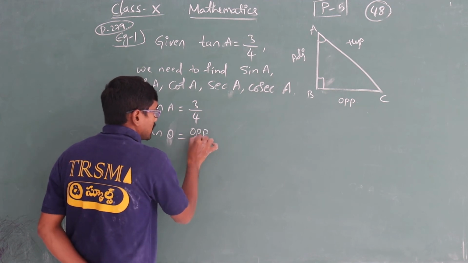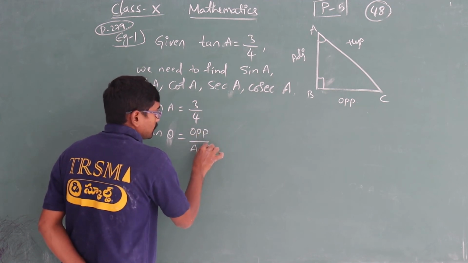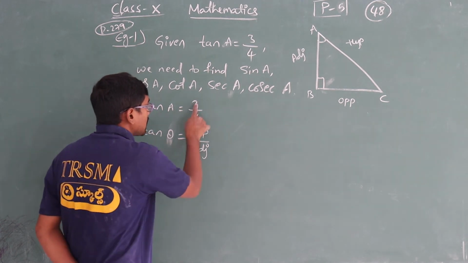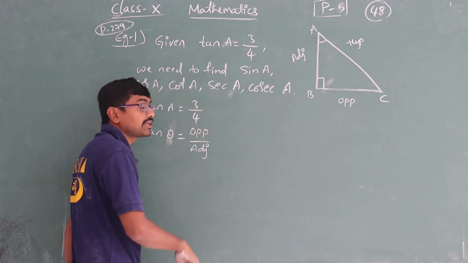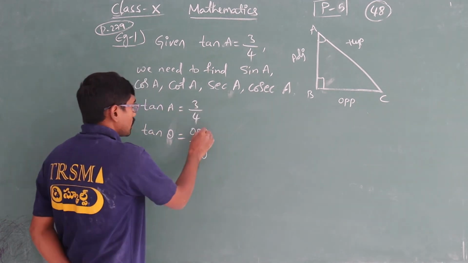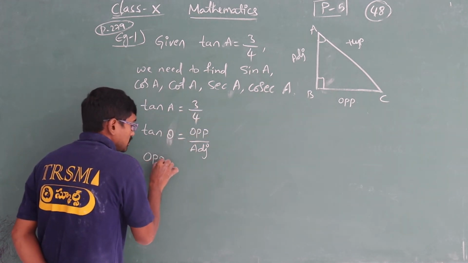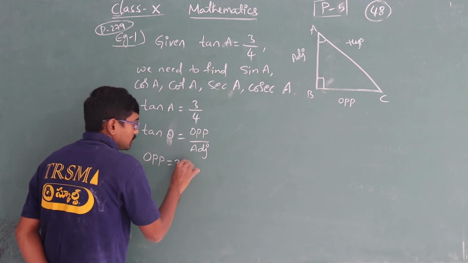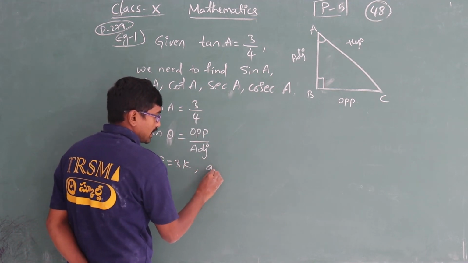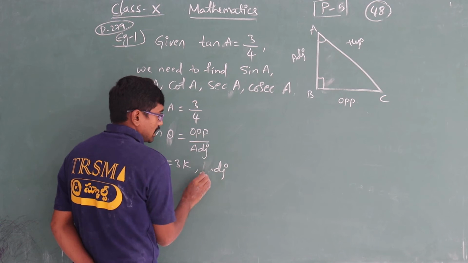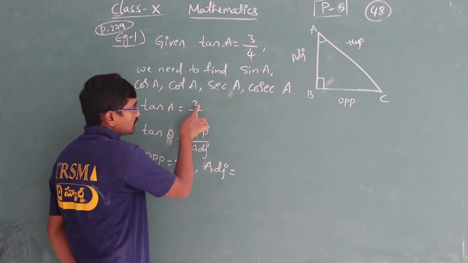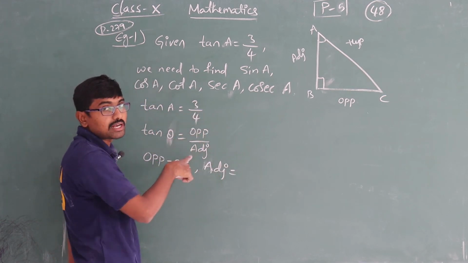Here we have opposite side and adjacent side, but this is given in the form of a ratio. So we will write opposite side is equal to 3k and adjacent side is equal to 4k. Why are we writing k?